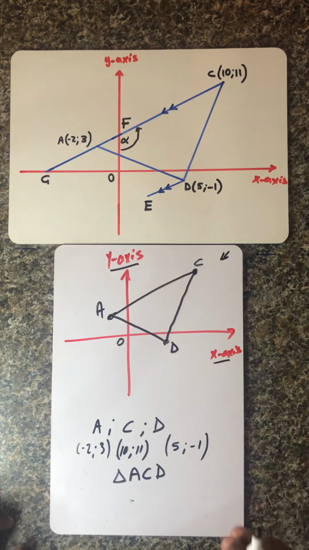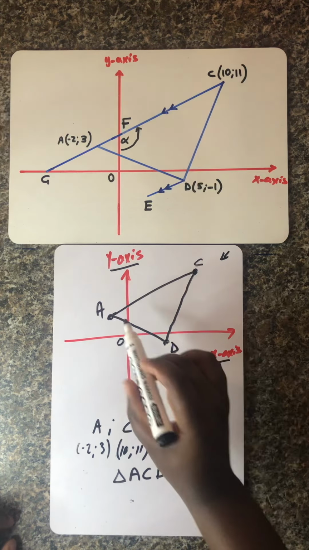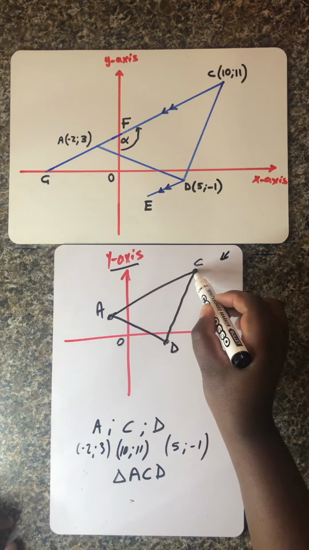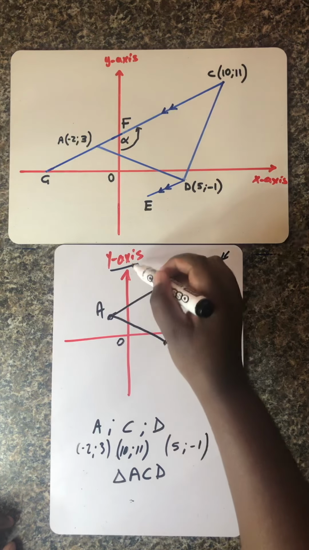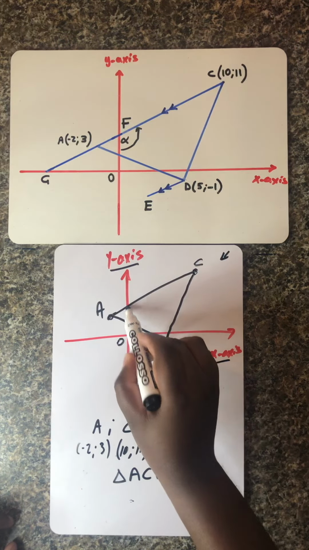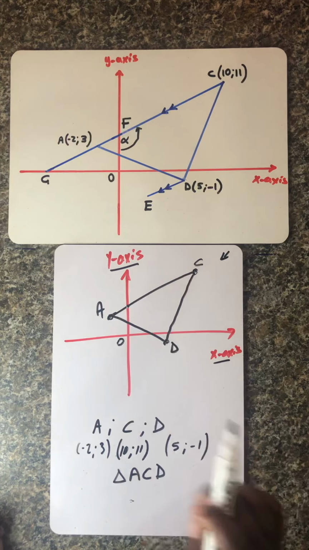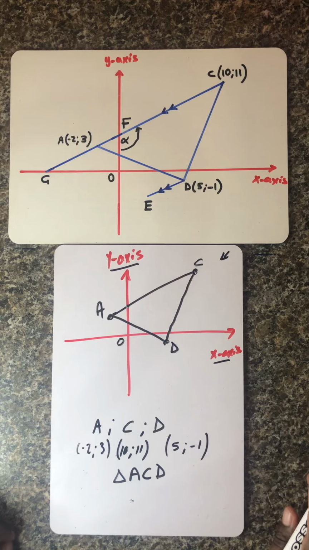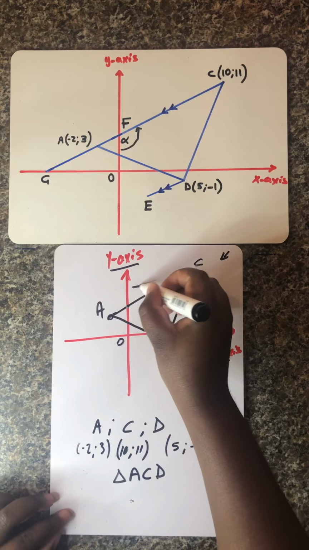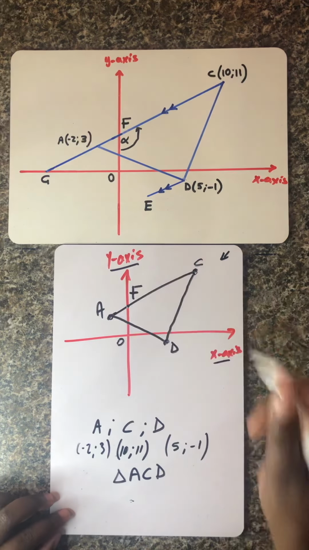So can we further interpret this diagram, ladies and gentlemen? Guys, you've got a line which is AC, which cuts the y-axis at that point there. That point is now referred to as point F. So that's why they wrote that F there.